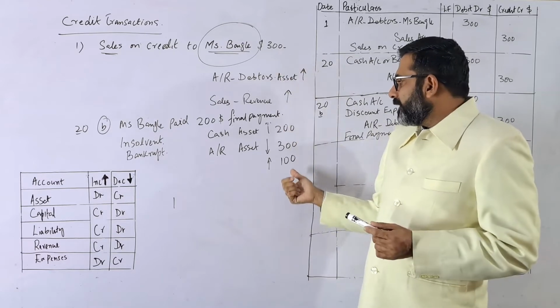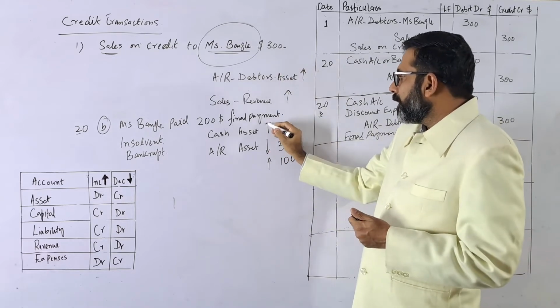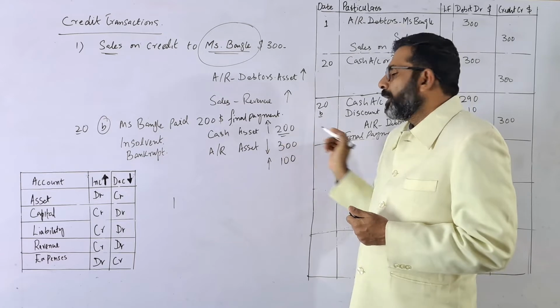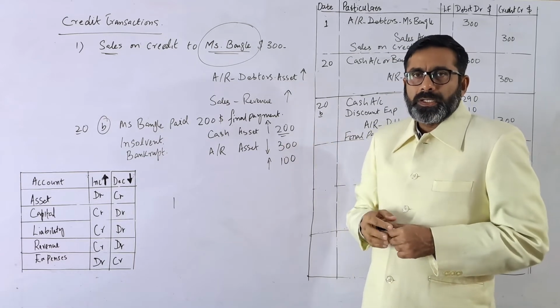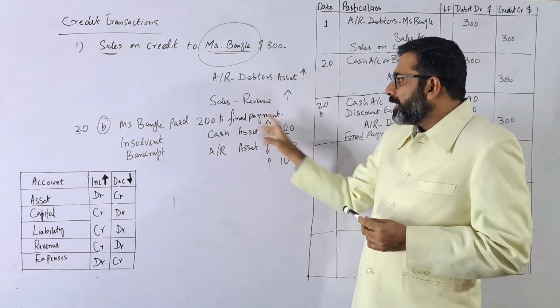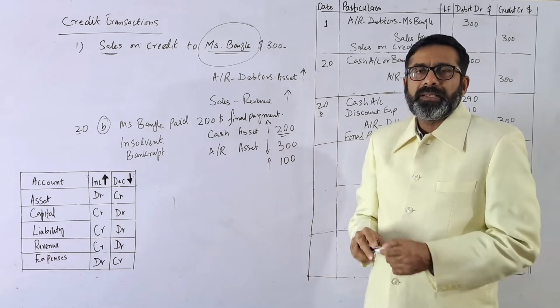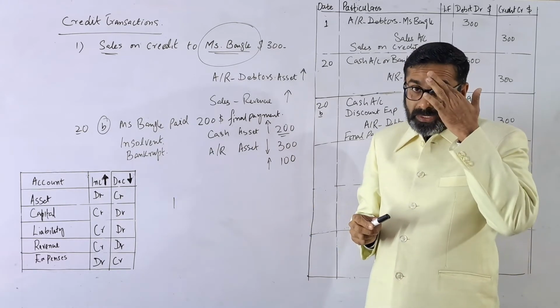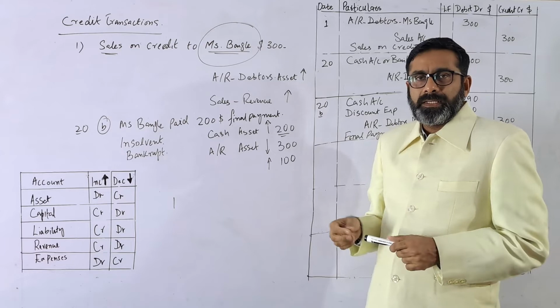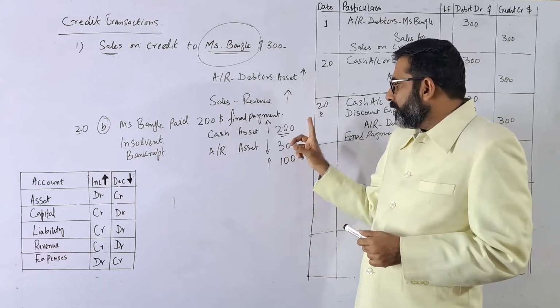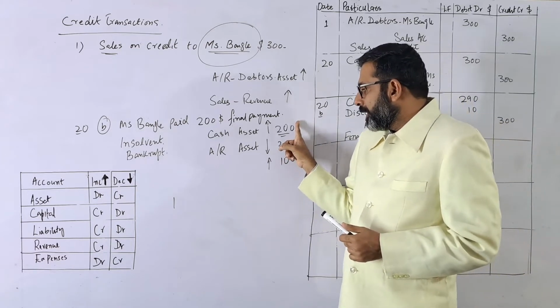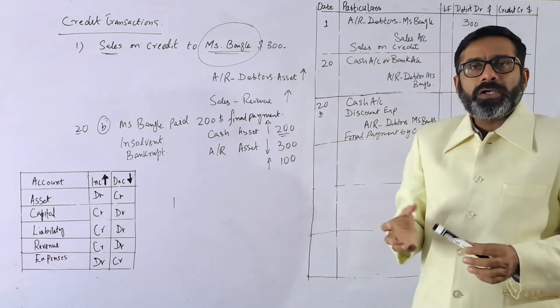But instead of that, they have given you only $200. And it is a final settlement, and after that the person is not able to pay you even a single dollar.